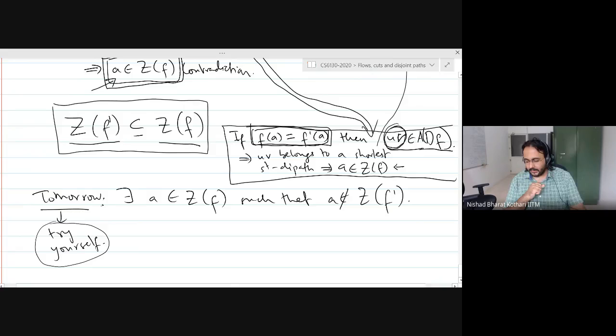Any thoughts, any suggestions? Anybody has any intuition of what kind of arc will satisfy this property? We want the arc to be in the Z set with respect to the original flow, but we do not want the arc to be in the Z set with respect to the new flow.